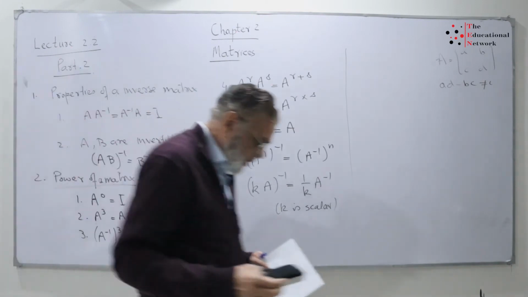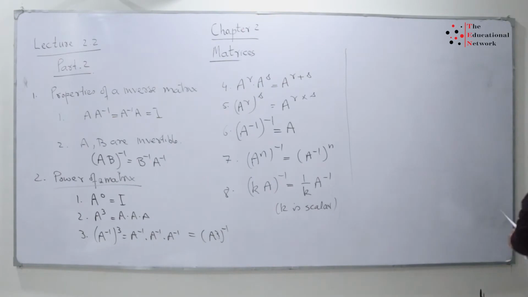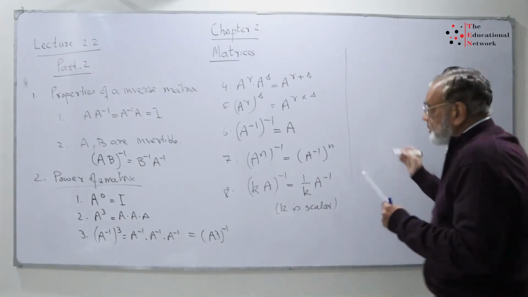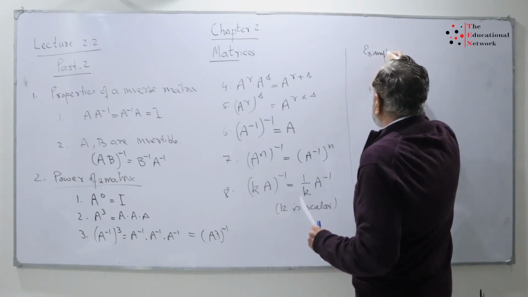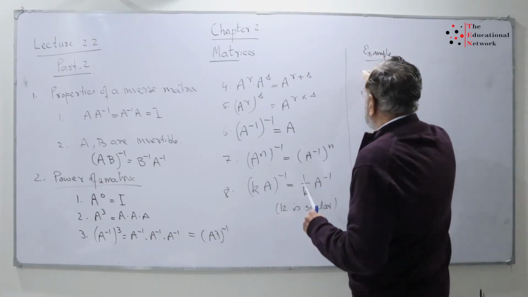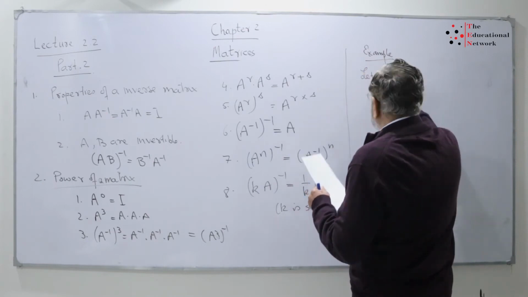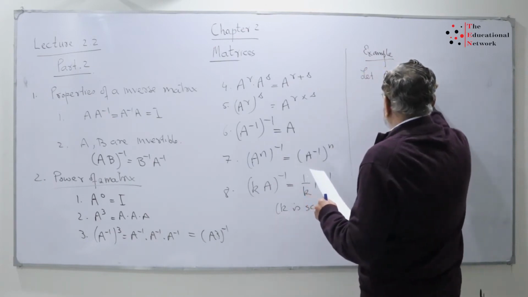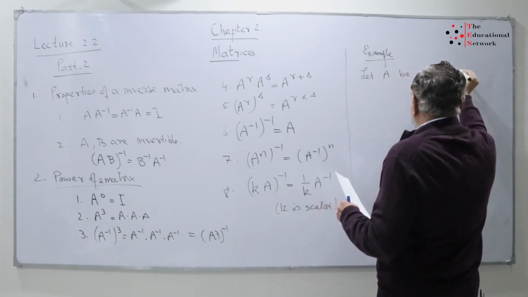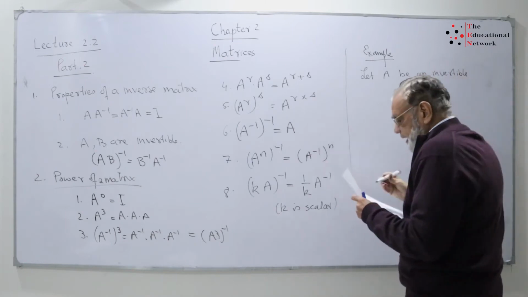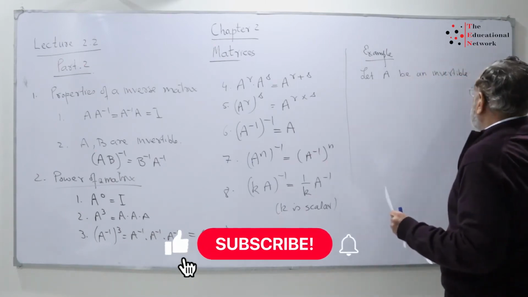Here we take an example, and I just show you with the help of the example. Let A be an invertible matrix. As I told you, invertible means its inverse exists.